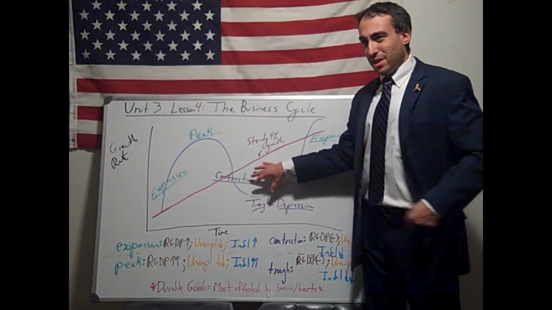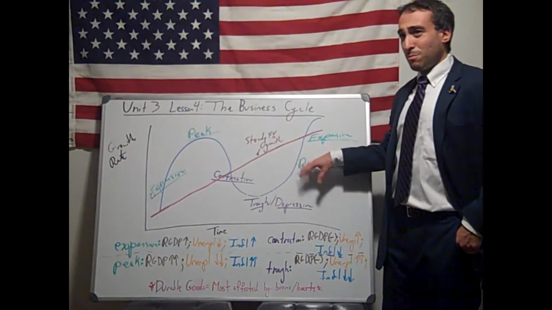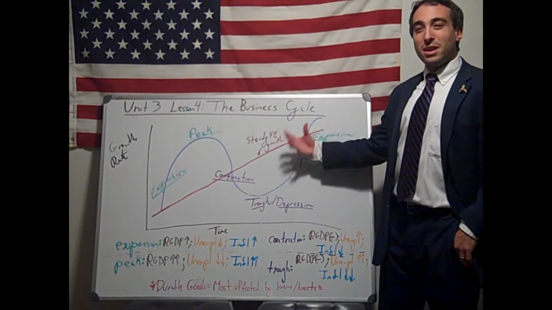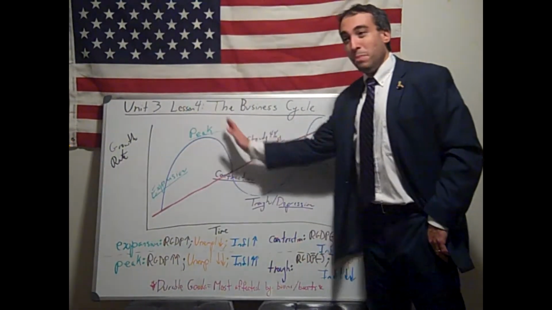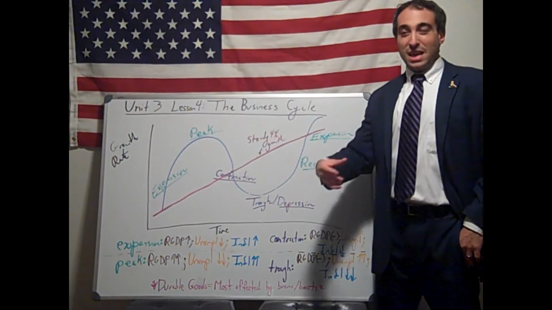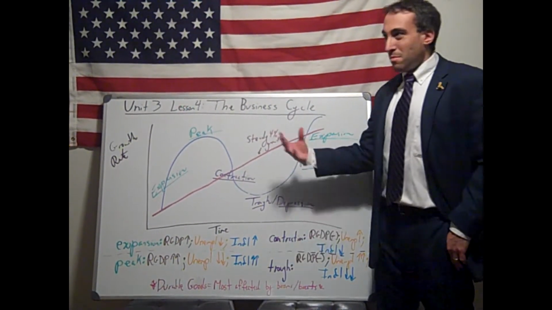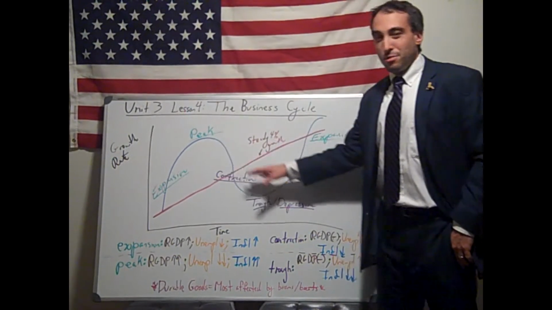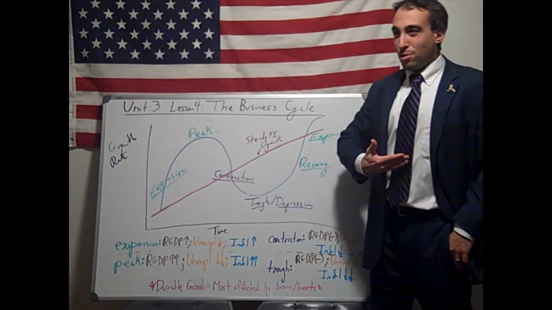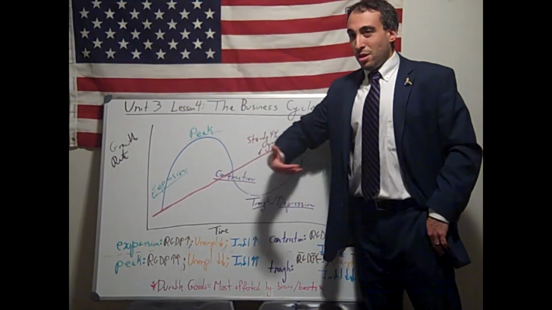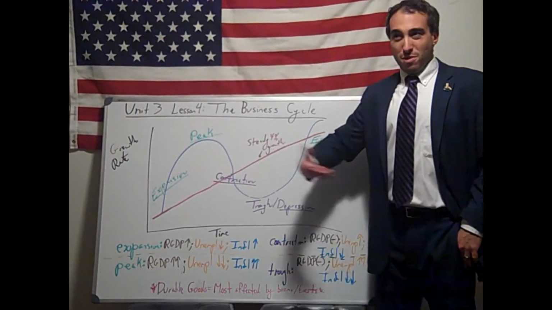Also during this time period, to quote Warren Buffett, put your money where your mouth is. While durable goods kind of go with the boom and the bust, perishable goods and service industries are steady throughout.